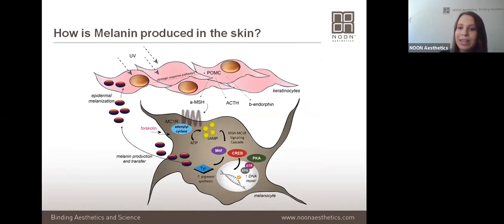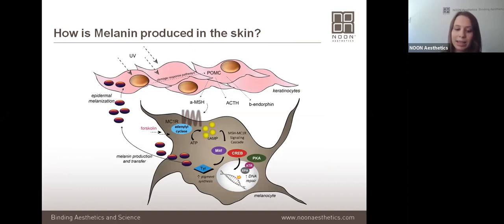Let's zoom in more to the melanocyte. In this picture, we can see the melanin production process.